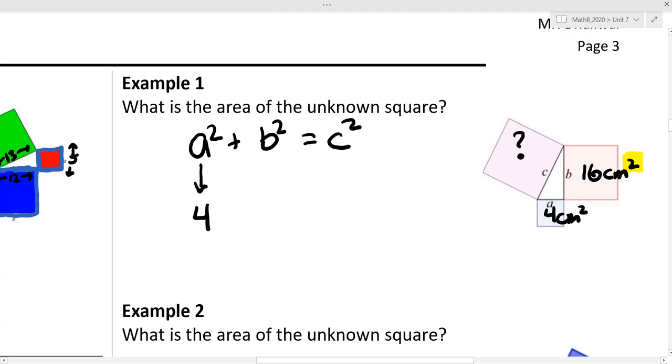The value of b squared is 16. If we add this together, it is 20. So this is 20 centimeters squared.